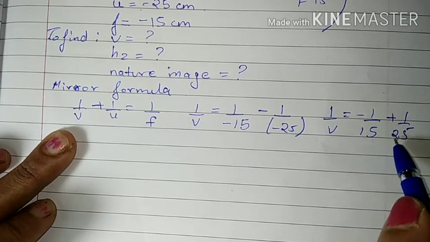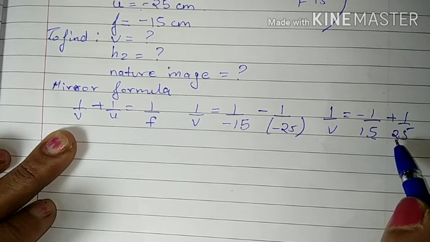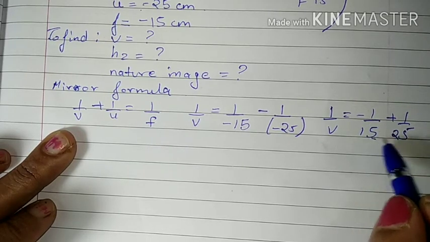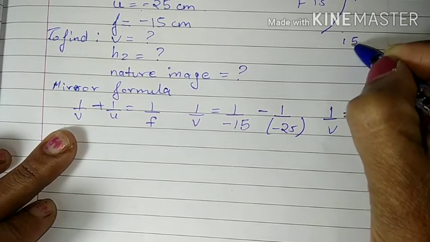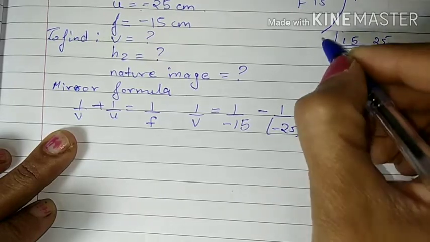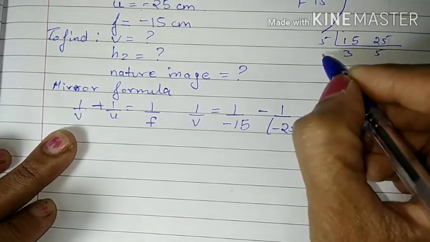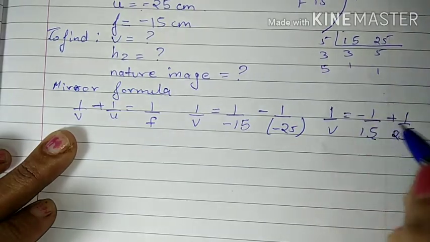Now I hope you know how to solve this. You take the LCM of these two numbers and make the denominator common. Quickly, if I have to show you, the way you find the LCM of 15 and 25 is to find the common factors and then the uncommon factors. So you get 75.